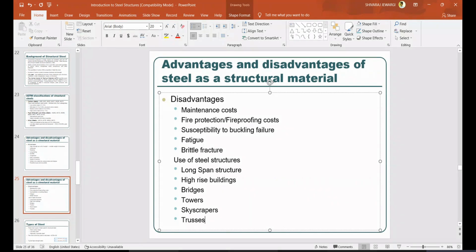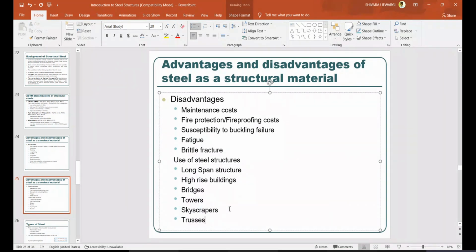These are the most common types of structures built using steel. You should remember them, and then you should be able to tell these structures.